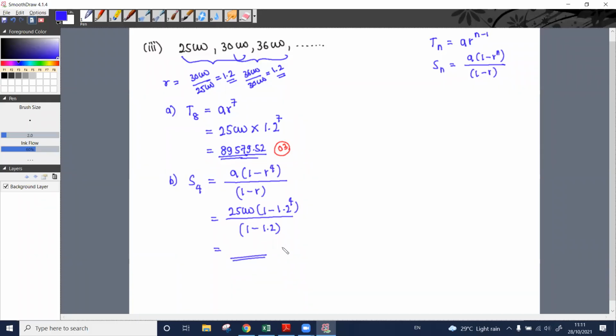What should be the value? It should be 134,200.